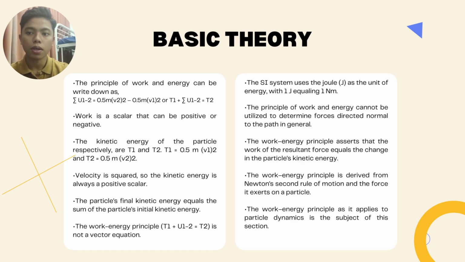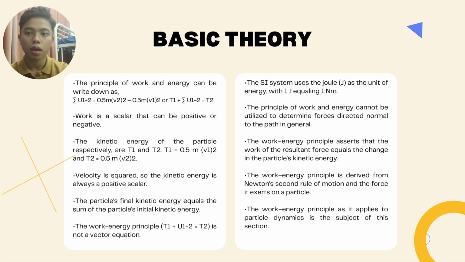A scalar value is assigned to each term. The units of kinetic energy and work are the same. The SI system uses the joule as the unit of energy, with 1 joule equaling 1 Newton meter.